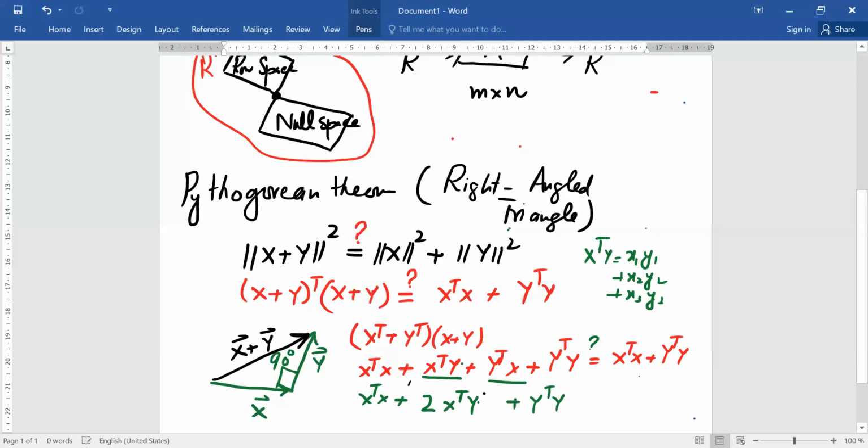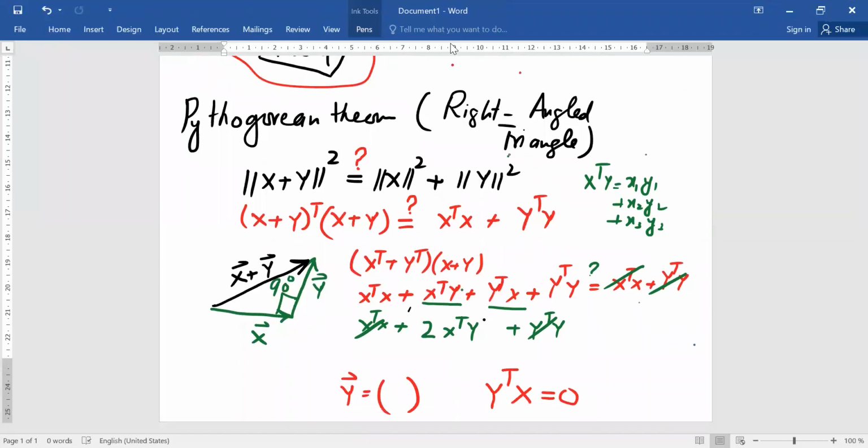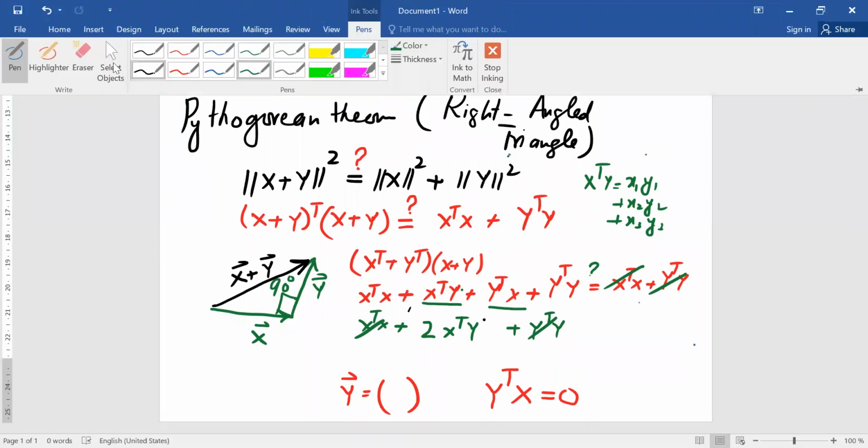Now since this X transpose X is on the left side, and the same is on the right side, I can cancel them, and Y transpose Y can go as well. So now what happened? I reached a conclusion, and that is really nice to look at.